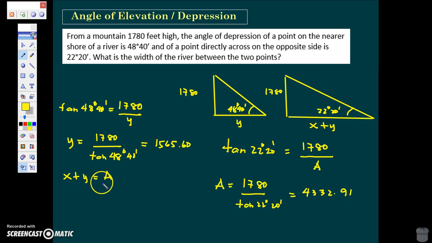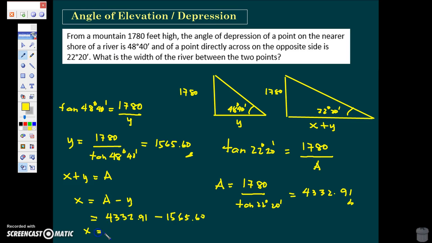So remember that we have the value of y, we have a, so what is x? So x is simply a minus y, and it's 4332.91 minus 1565.60.